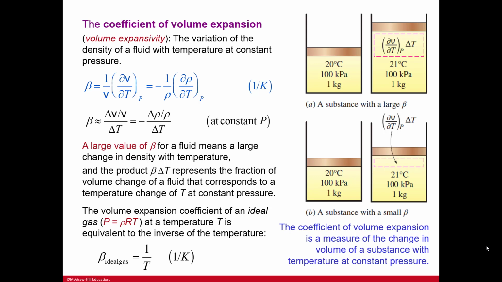The product of beta times a change in temperature represents the fraction of volume change of a fluid that corresponds to a temperature change of delta T at a constant pressure. So this is holding pressure constant, the fraction of the volume change with a change in temperature between states. The volume expansion coefficient of an ideal gas, P equals rho RT, at a temperature T is equivalent to the inverse of the temperature. And so you see that beta of an ideal gas is equal to 1 over T.